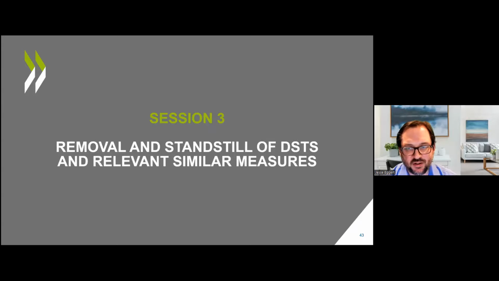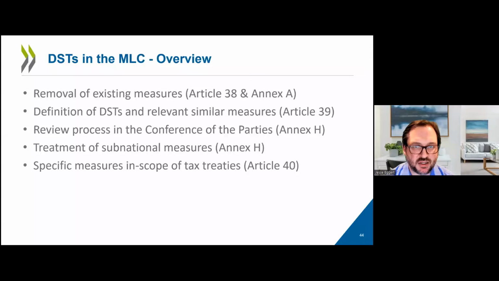So with respect to the removal and standstill of DSTs and relevant similar measures, you'll see an overview of what the MLC does. It provides for the removal of certain existing measures. It provides a forward-looking definition of DSTs and relevant similar measures. It provides for a review process for new measures to make sure that they're evaluated and that a result is received.